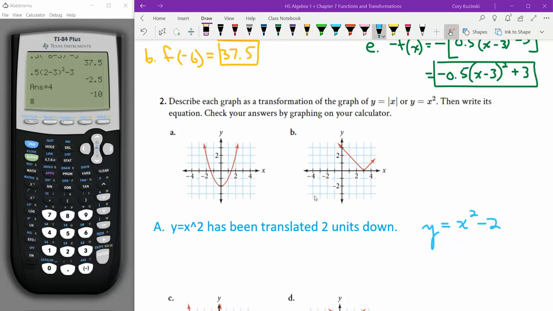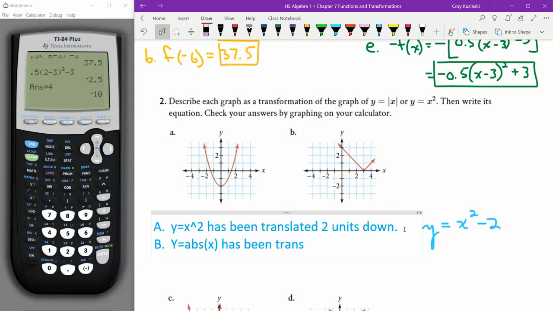Okay, let's do the next one here. So what we got? We got B. Let's go with y equals the absolute value of x has been translated 3 units right.